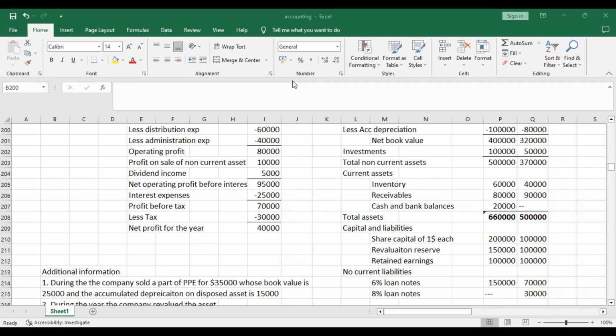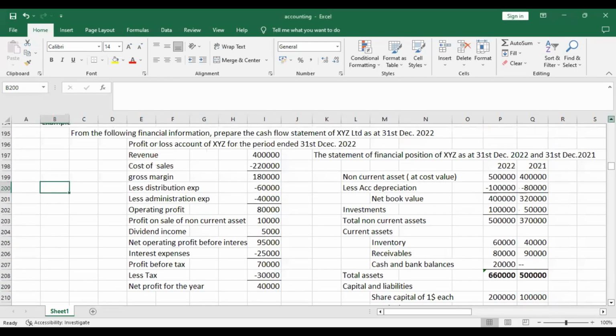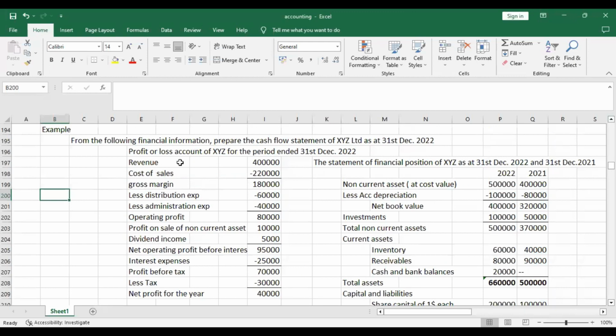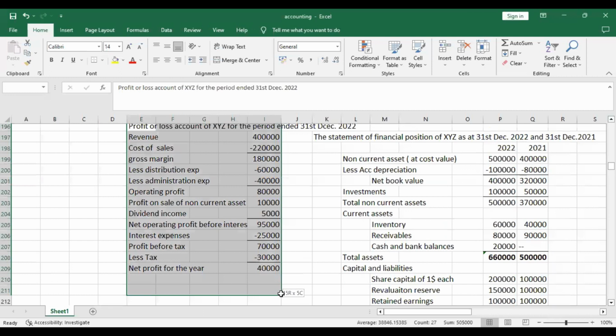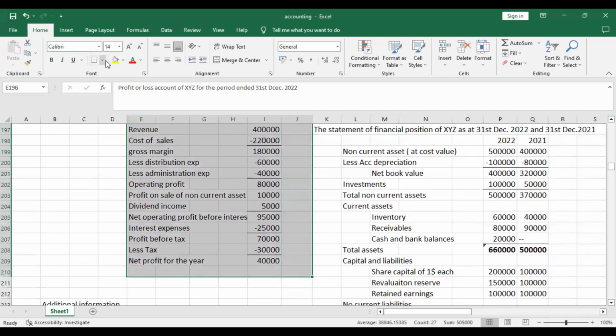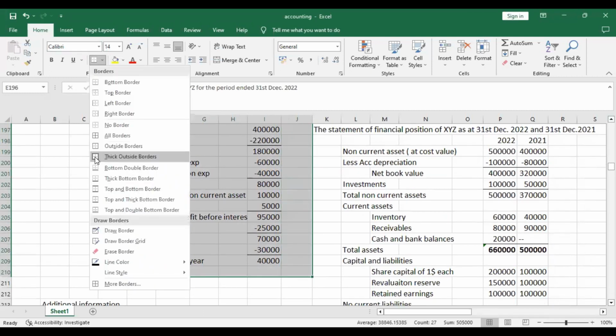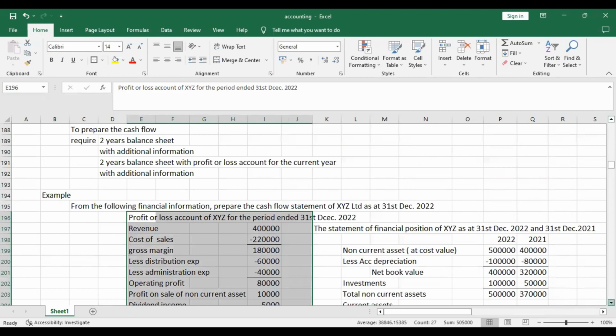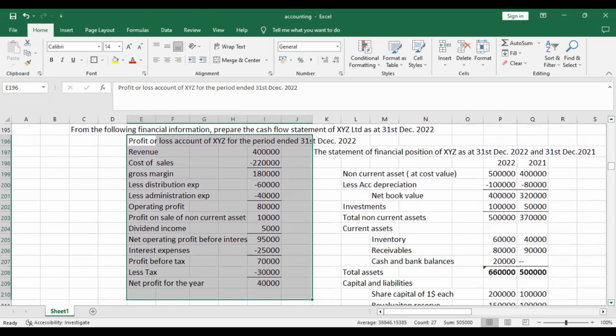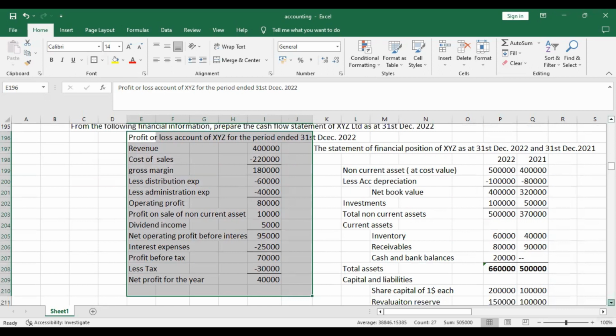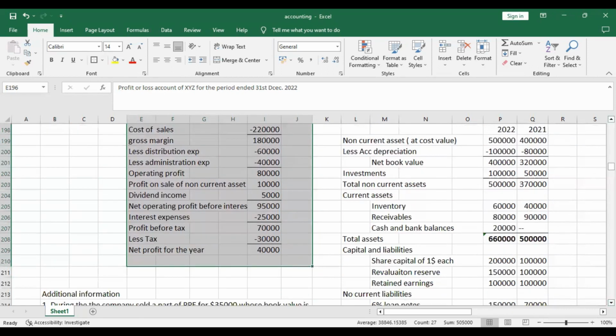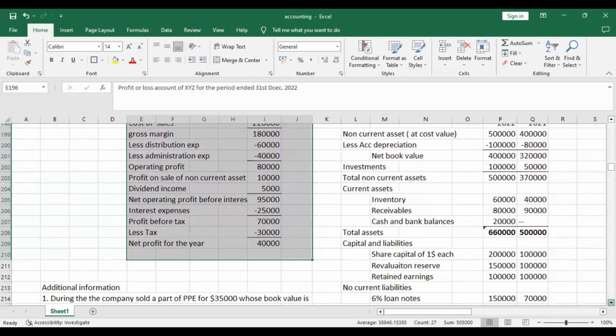Now let us continue with the preparation of the cash flow statement based on the information we have. We have been given the P&L account, please observe once again, and the balance sheet for two years.